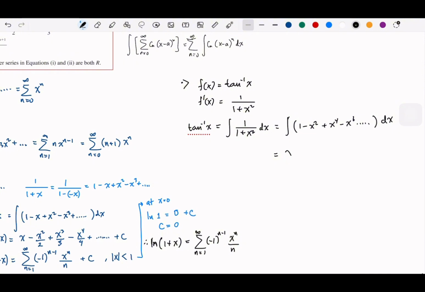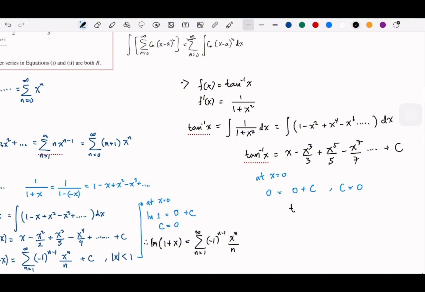So let me write x minus x cubed over 3 plus x to the 5 over 5 minus x to the 7 over 7 dot dot dot plus constant. And again, this is tangent inverse x. We could argue that at x equals 0, this will be 0, this will be 0 plus c, so the constant is 0, right?